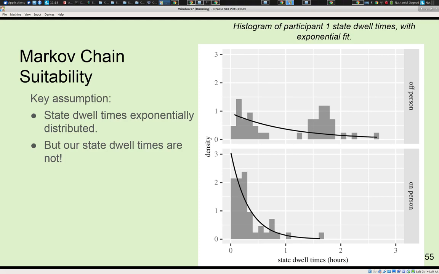If you look at on-person, this suggests it's actually pretty memoryless. From a state of being on-person, regardless of how many hours have passed, there's successively lower chance it will be staying on person.